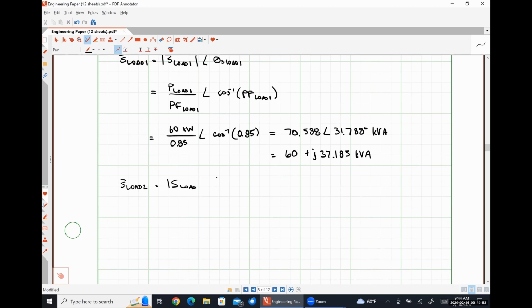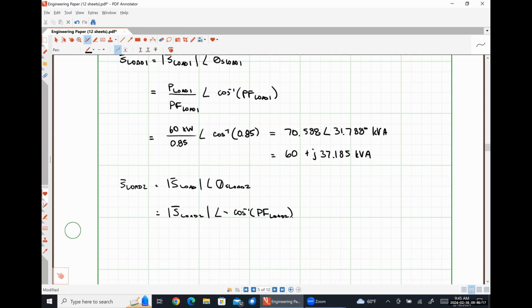So this is just going to look like S load 2 angle theta S load 2, which is just going to be S load 2, which was given to us, with an angle of the negative inverse cosine of our power factor of load 2.